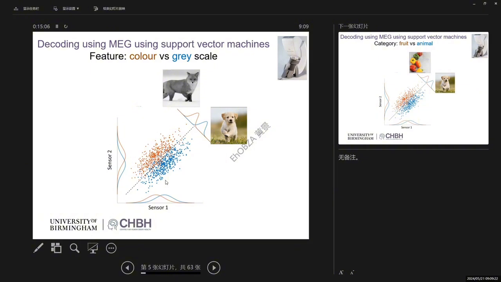This is an example where we just consider 2 sensors, and based on these 2 sensors, we might be able to tell whether a color or a black and white object was perceived. But of course, the more sensors we have, the better we can do. This is just 2 sensors for illustration, but in real life, we have 306 sensors.